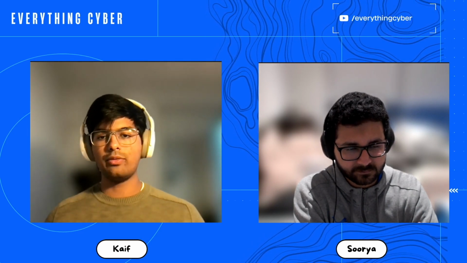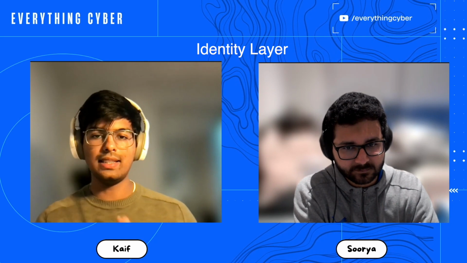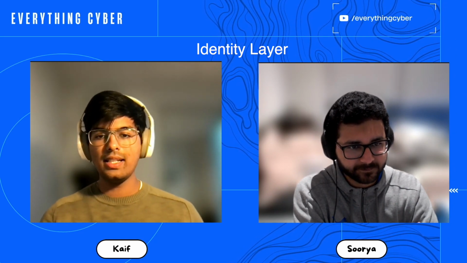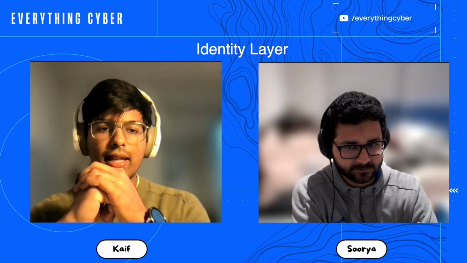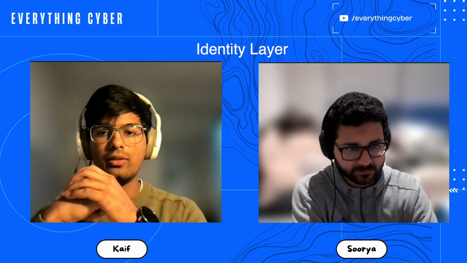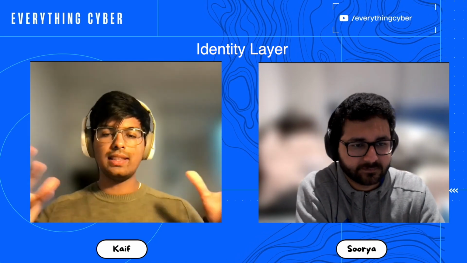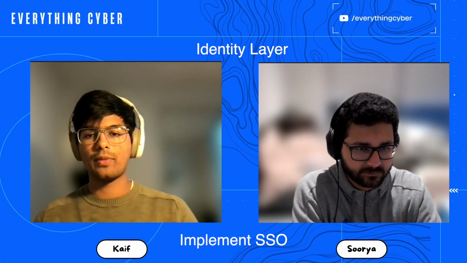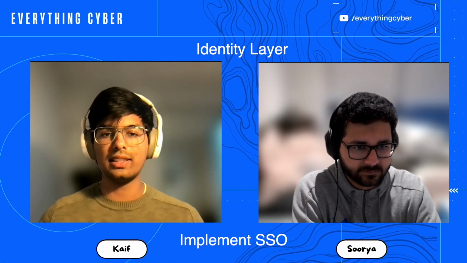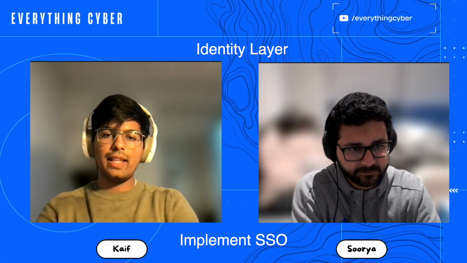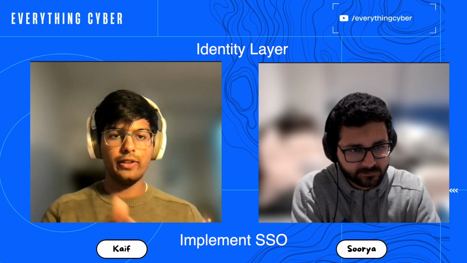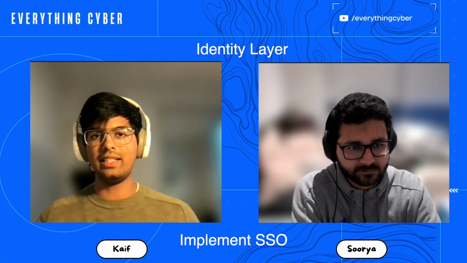The first layer we have is our identity layer. So for identity, one way I think the first principle, verify explicitly, comes into play is having one single federated sign-on, which we call single sign-on. What I mean by that is, we want to verify users again and again at different points.